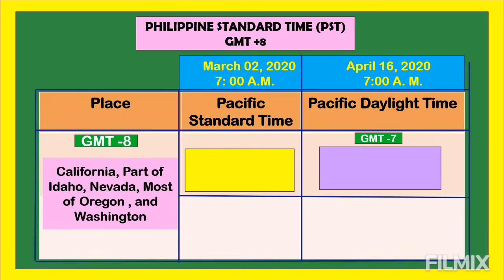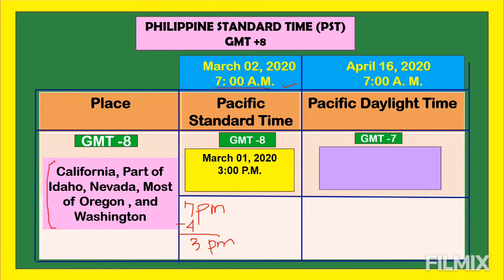So to calculate the time in these places using Philippine time and date March 2, 2020, 7 a.m. First is we're going to get the exact opposite of 7 a.m. that is equal to 7 p.m. Then since Philippines is 16 hours ahead, we're going to subtract it here by 4. Why 4? That is 16 minus 12 is equal to 4. So 7 minus 4 is equal to 3. So their time is equal to 3 p.m. March 1, 2020, 3 p.m.